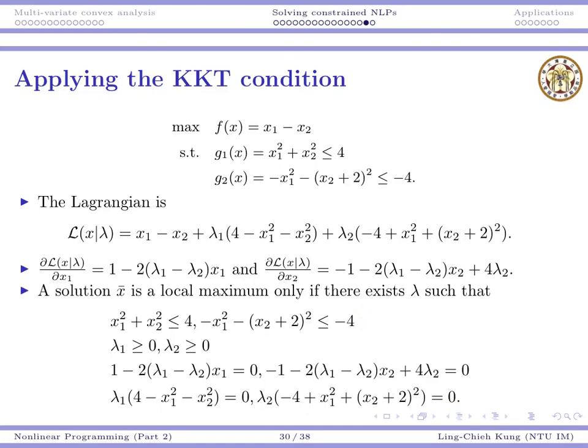So primal feasibility, dual feasibility, and complementary slackness. Let's look at this particular system. We have two original variables, x1 and x2, and two dual variables, lambda 1 and lambda 2. And we have four equalities, so it looks fine, right? 4 equalities, 4 variables. Somehow we may solve and get some candidate solutions, and that's how we move on.